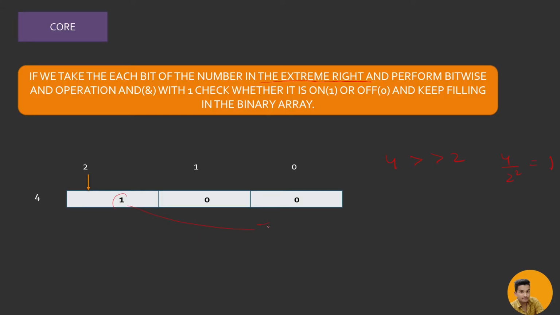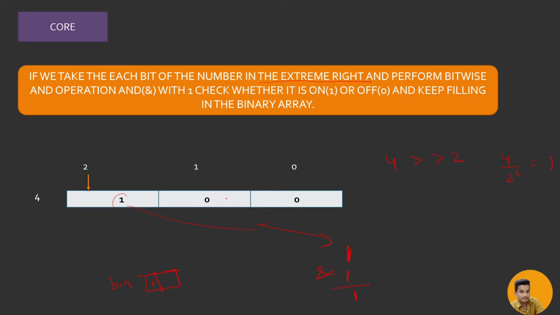So this is going to come to the extreme right, and then we perform the AND operation with 1. So this will be 1, and then we keep filling in the binary array. So I made a binary array and will fill this with 1.